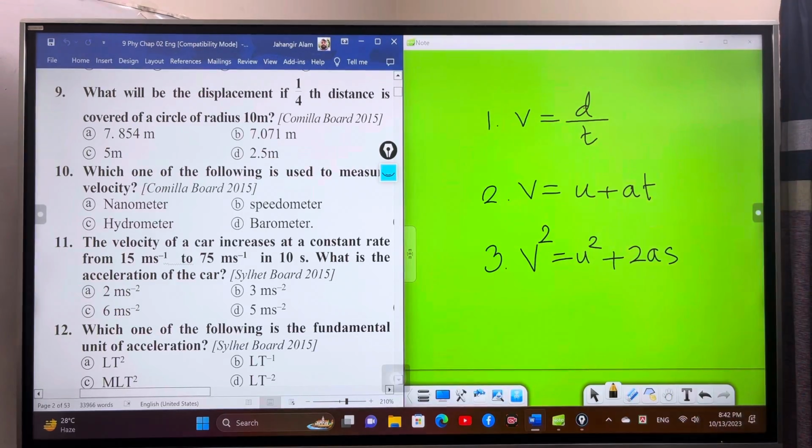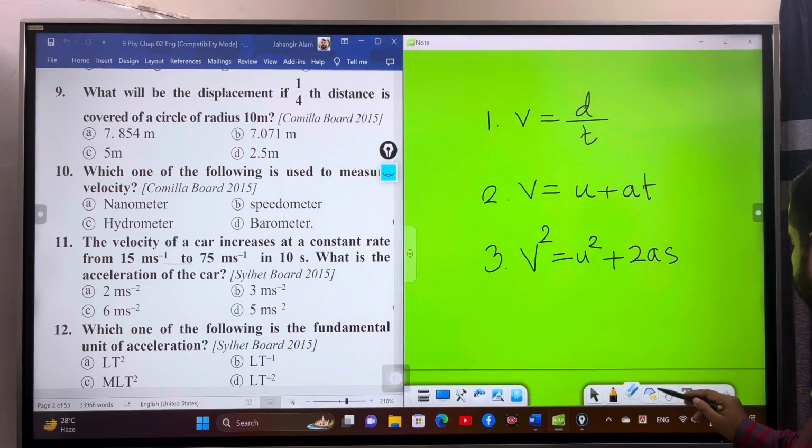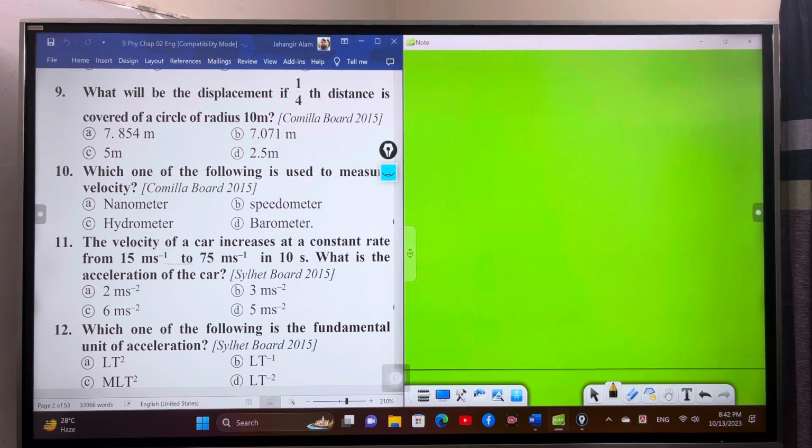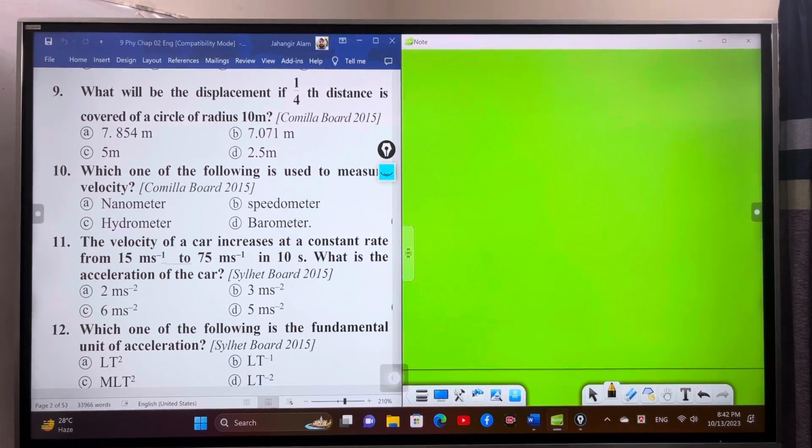Now next one, question number 9. What will be the displacement if 1/4 distance is covered of a circle of radius 10 meter? What will be the displacement?